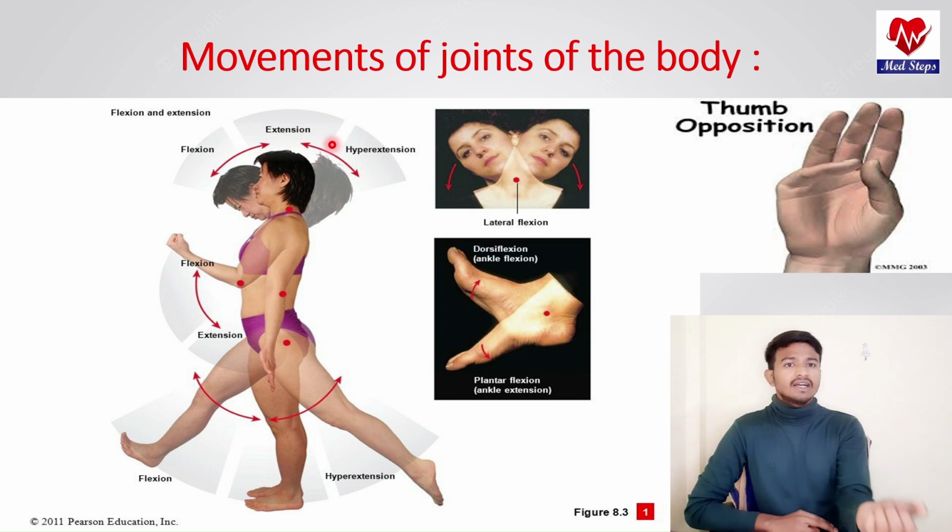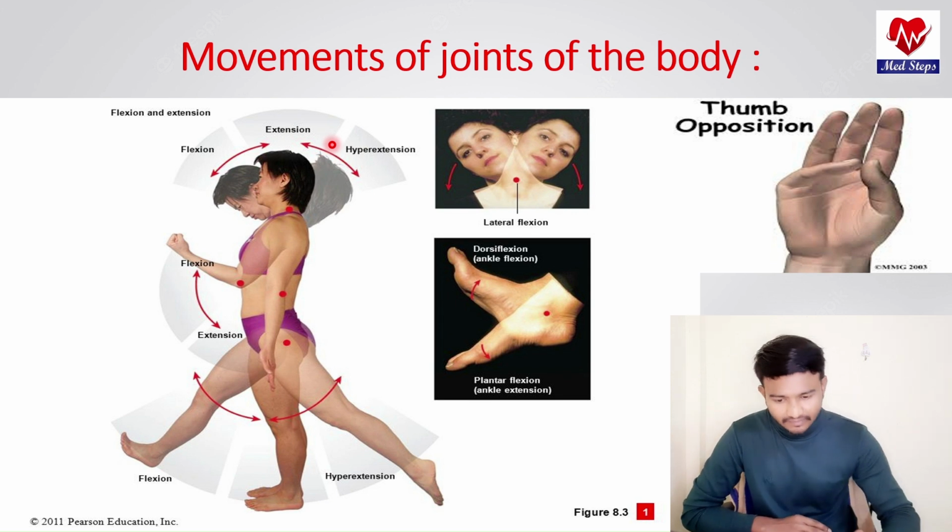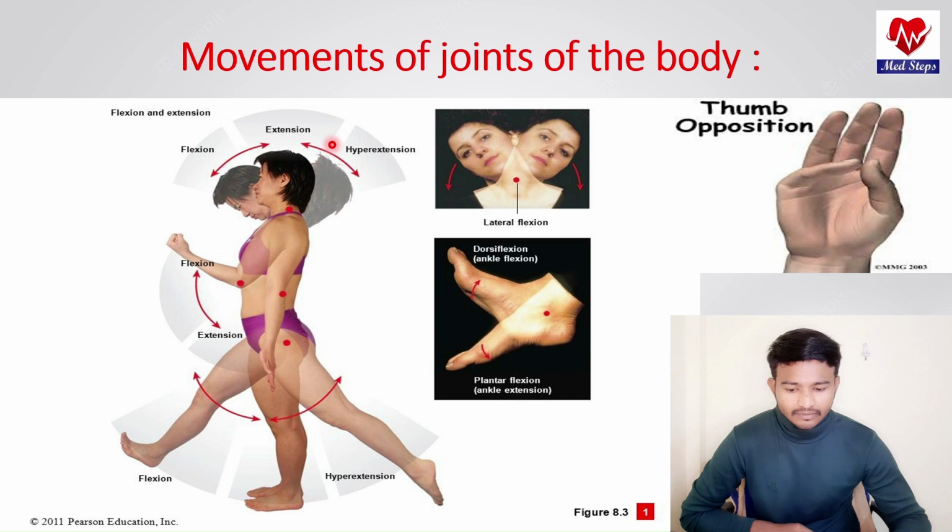If we see the hand, this is the flexion, this is the extension. If we see the lower limb, this is the flexion. If we raise our leg, it is flexion. If we raise our leg backside, it is hyperextension.